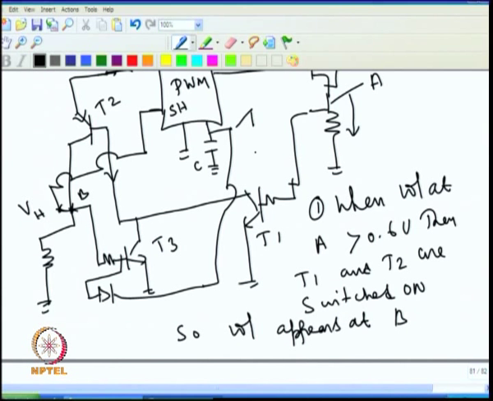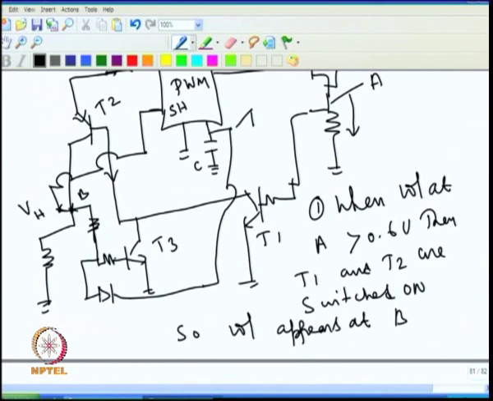Of course, to practically make this circuit work, we need to make a small change, because when this diode is conducting, it needs 0.6 volt. At 0.6 this may still conduct. To make it foolproof, I can shift this like this.